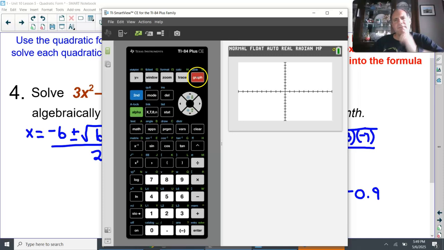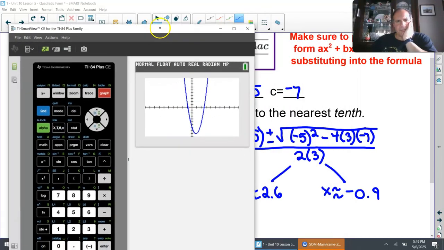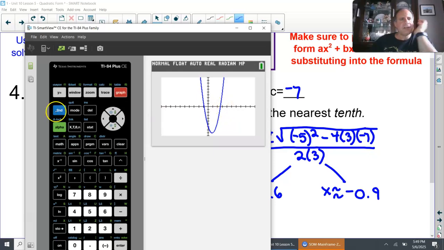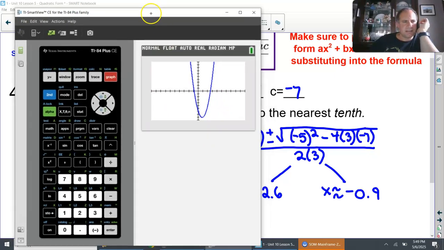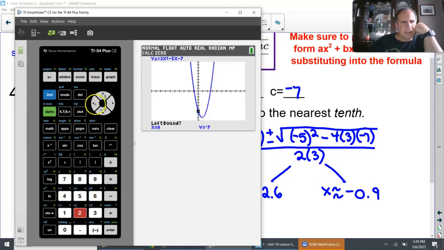And if I press graph, that's -0.9 right there. And that is 2.6 right there. So if you wanted to just check to see if that's correct, you just trace and you go to 0 and you see this cursor.